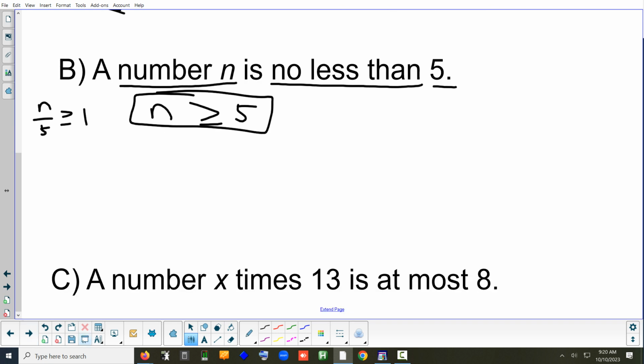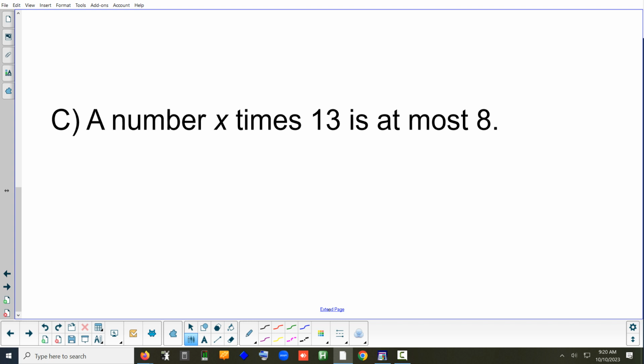All right, let's try this one. It says a number x times 13 is at most 8. Now, if they didn't give us the x, you would have to pick your own letter. I would probably just use n for number. But since they specifically told us to use x, we have to use x. All right, so let's start with the left-hand side.